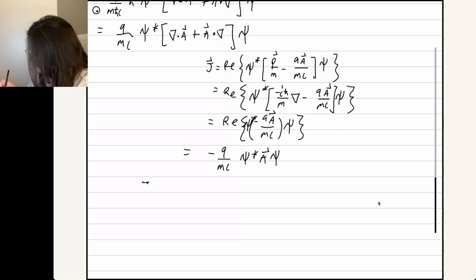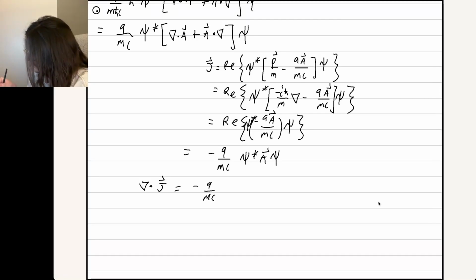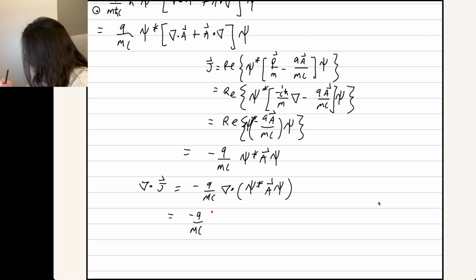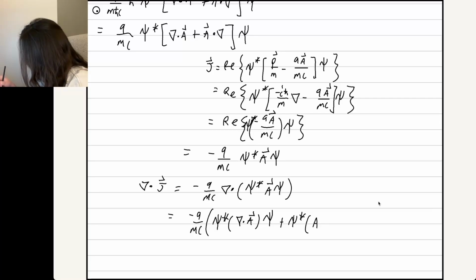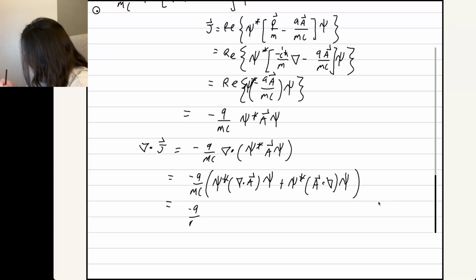And then taking the divergence of this now, we have minus q over mc nabla dot psi star A psi. And then using a little bit of product rule, you can see that you have psi star divergence of A psi plus psi star A dot divergence psi, which is like the same thing that we got before actually, but with a minus sign on it.